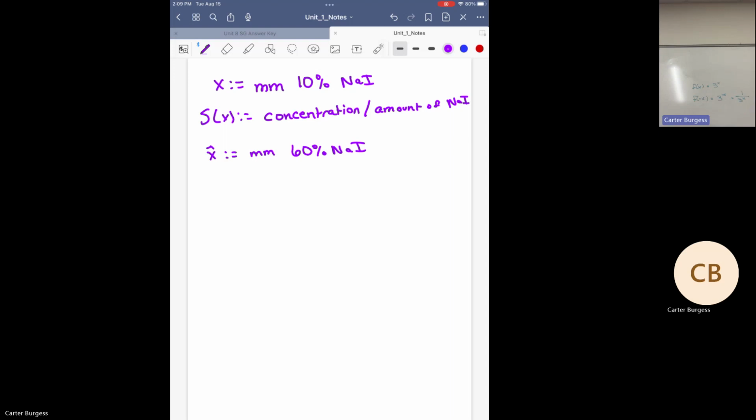And then there's one final piece of information that gives us the relationship between the amount of sodium iodine, 10%, and the amount of 60%. For instance, if I were to use 10 milliliters of the 10%, how much of the 60% do I have to use?